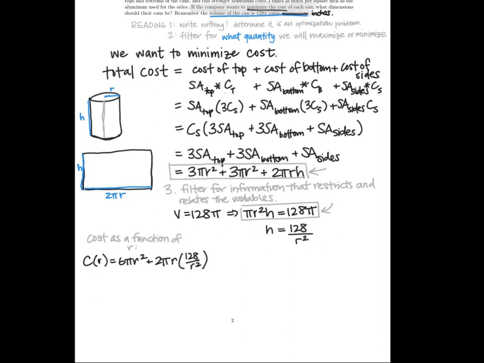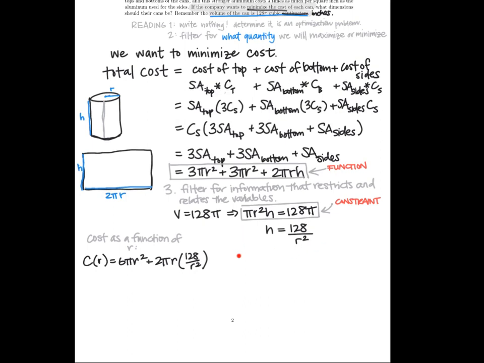You do see the same cast of characters, but note that here what is outputted is the thing that you're trying to maximize or minimize. And here, whatever you plug in for r squared and h has to equal 128 pi. That is a volume calculation. The difference is enormous. Note that so far up here, if I didn't tell you anything else, the implication is you could plug in anything for radius, literally any real number, which is not the case, but we'll get to that in just a moment, anything for radius and anything for height, and it would spit out what the cost of that particular can would be.